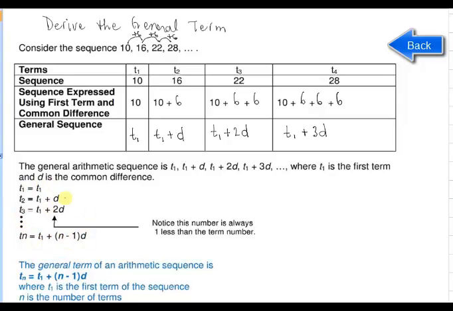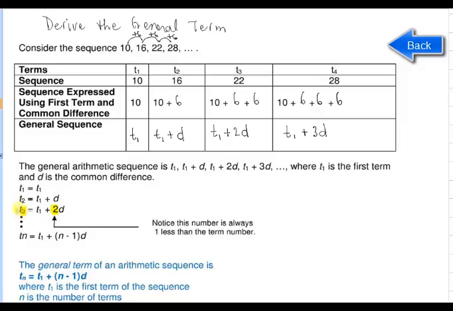What I'd like you to notice is that the coefficient in front of D is always 1 less than the term number, and the term number is right here. The third term is equal to term 1 plus 2 times the common difference.